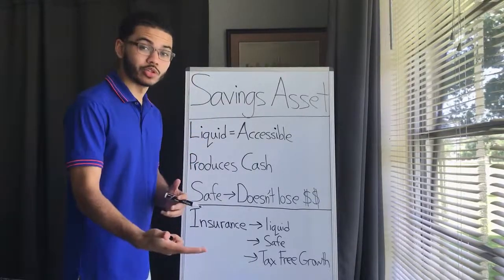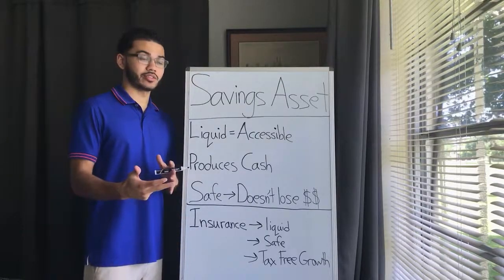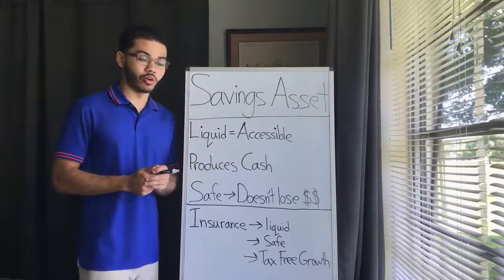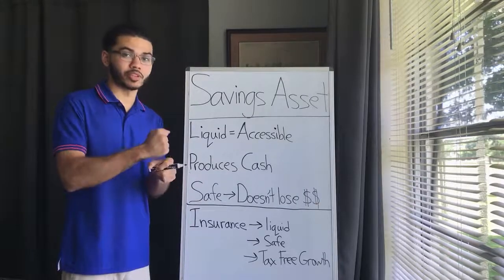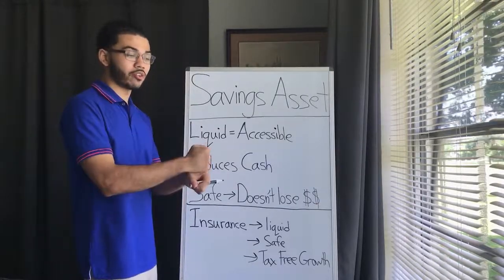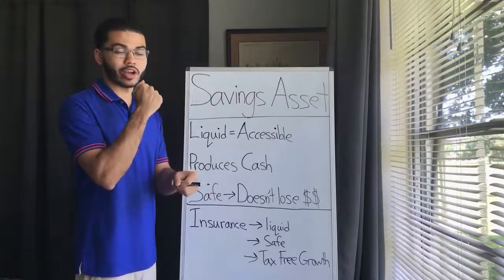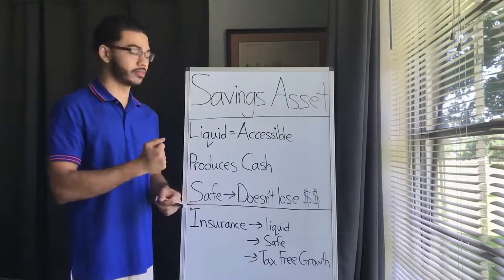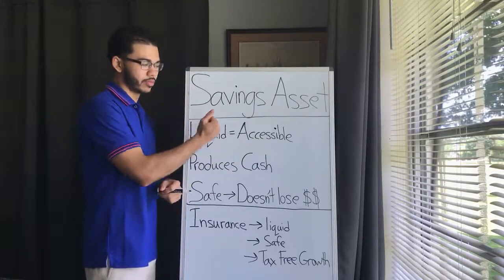Maybe I have an opportunity to invest in something, or I need to buy something for my business, pay off a certain debt, a hospital bill. So it needs to be liquid, accessible.